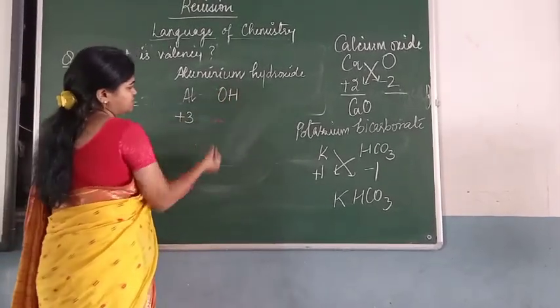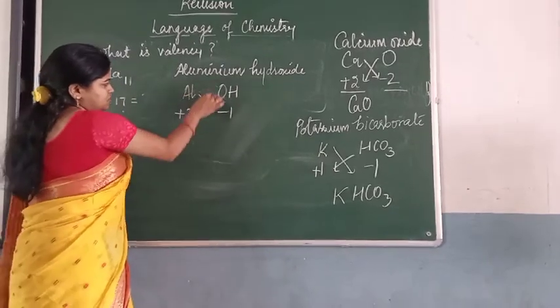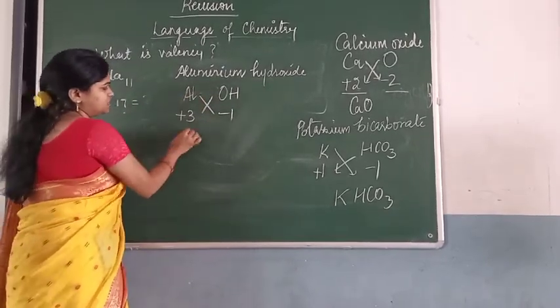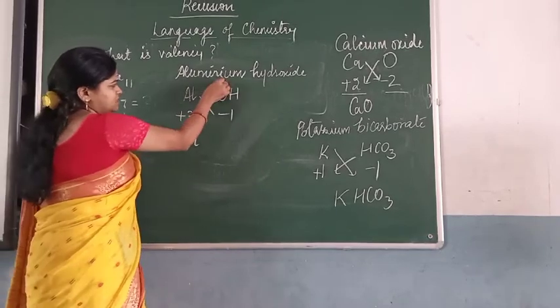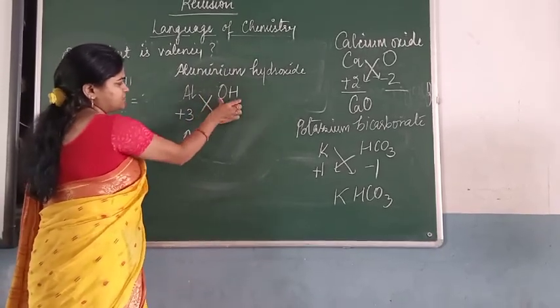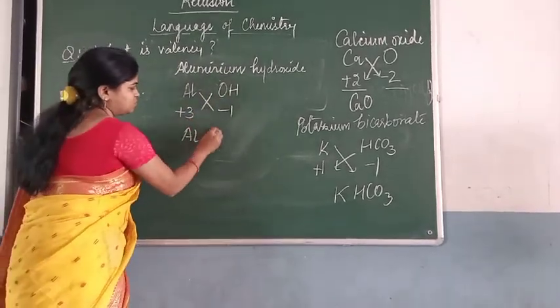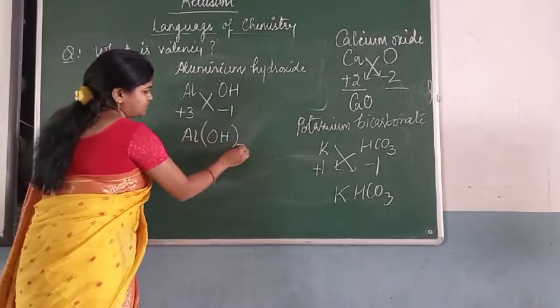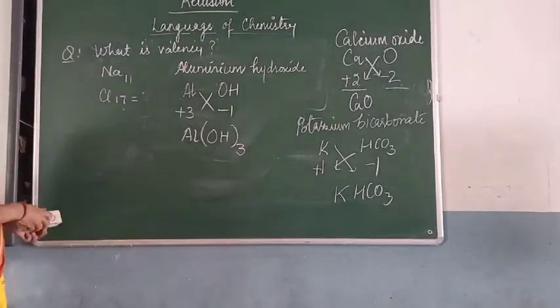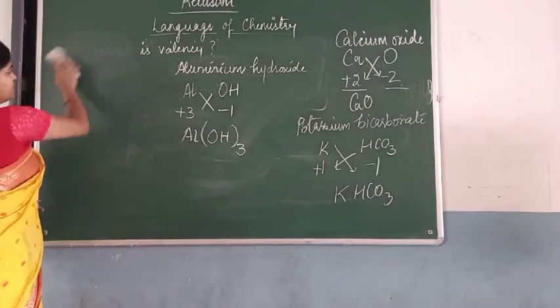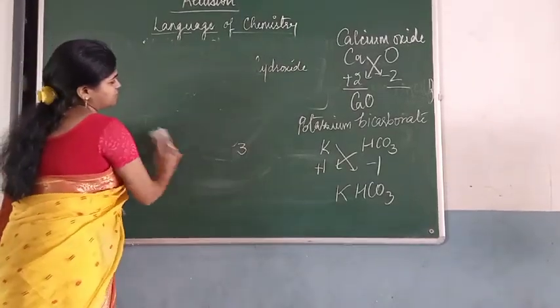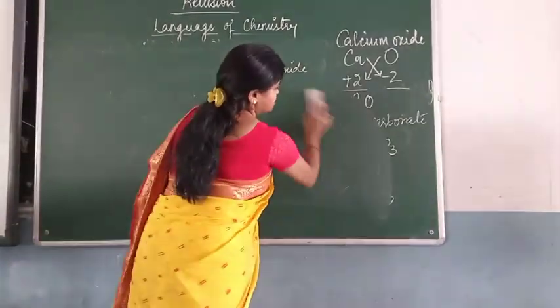Hydroxide is OH, with charge minus 1. Again the same process: aluminium into 1, Al, and this complete OH will be taken 3 times, so we write Al(OH)3. Like this you will write the formulas of different compounds.